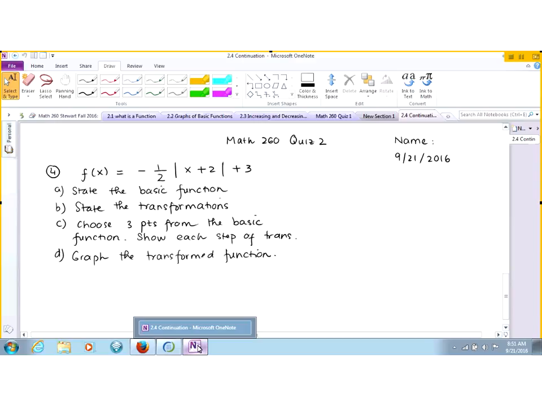So remember last time I gave you the basic graph? The basic graph, the library of functions. Do you have the notes from last time? I talked about all the other functions. 2.3. So this one.